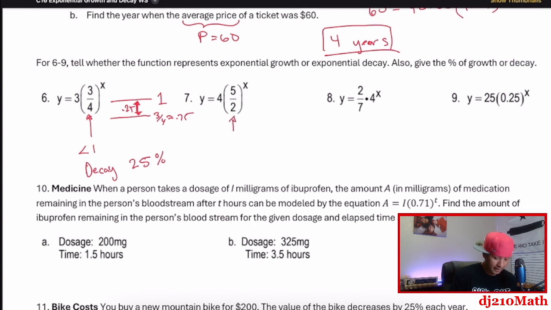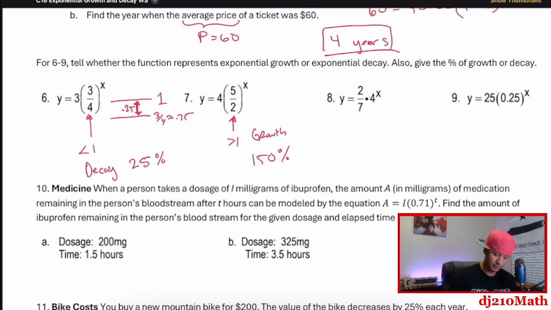Okay, 5/2. This is definitely greater than 1. So this is growth. Okay, how much bigger than 1? Well, 2/2 would be 1. So this is 3/2 bigger than 1, which is basically 1.5. So 150% growth.